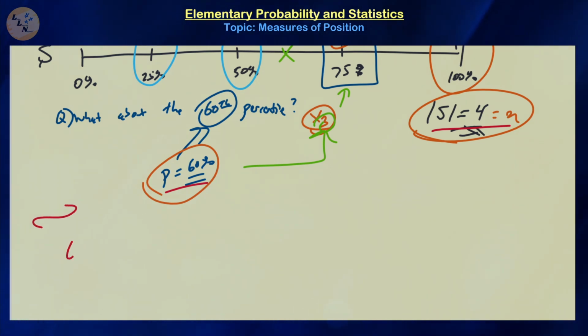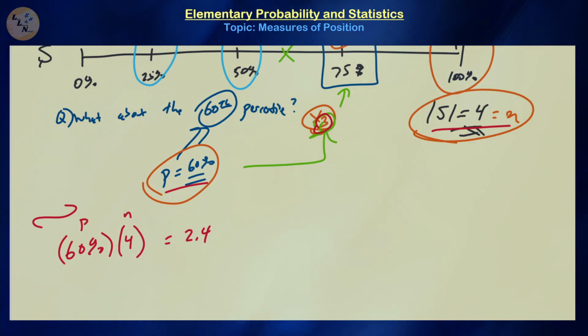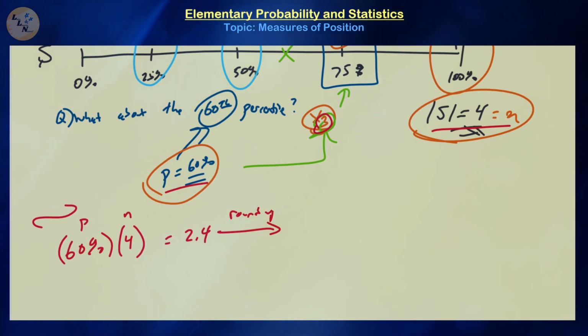So notice that 60% of 4, our sample size, so that's p times n, is going to be equal to 2.4. So how can we get to 3 from 2.4? Well, we can round up to 3, right? So notice we are not rounding in the traditional sense of the word because 2.4 rounds down to 2 because 4 is less than 5.